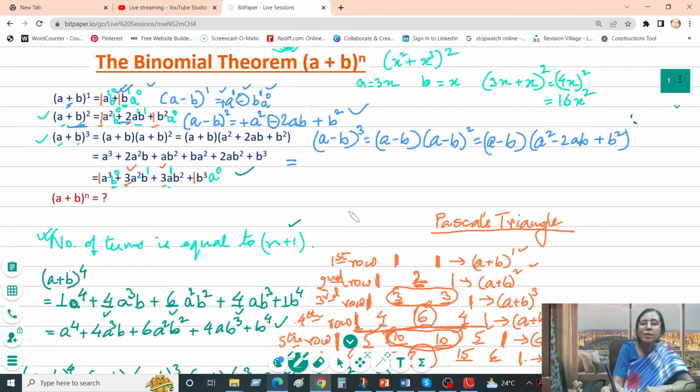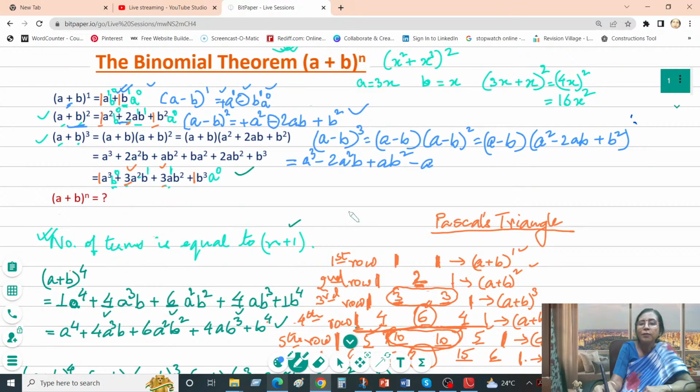It is a times a square is a cube. A times minus 2ab is minus 2a square b. A times b square is plus ab square. Minus b times a square is minus a square b.